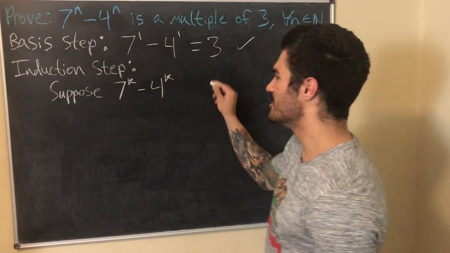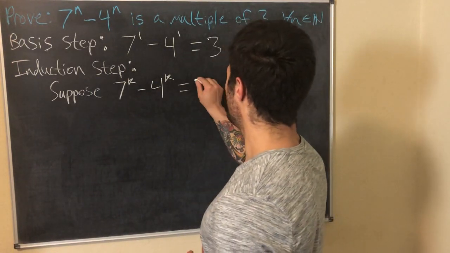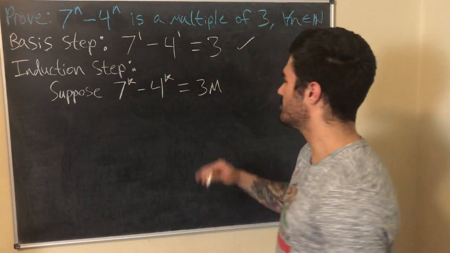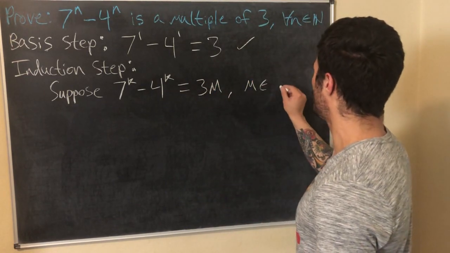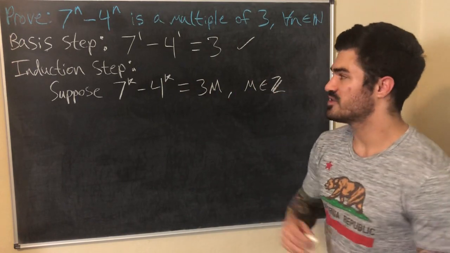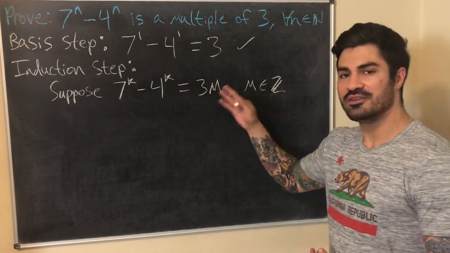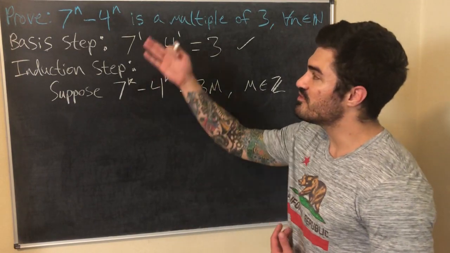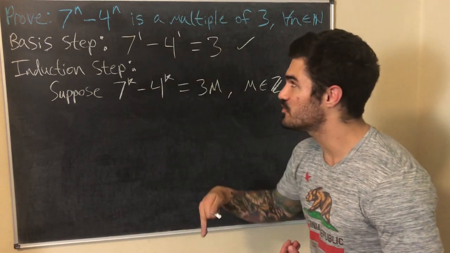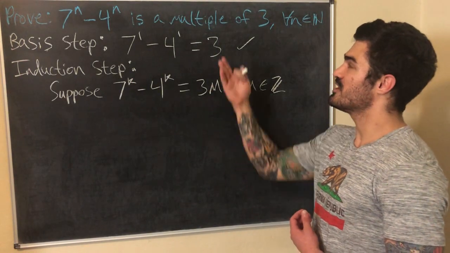Hopefully you remember this. Well, that means it's equal to 3 times some integer. So I'm going to use the letter m, where m is just some integer. That's what it means to be a multiple of 3, is that you can be expressed by 3 times some integer. So we're assuming this, and we want to show that 7 to the k plus 1 minus 4 to the k plus 1 is a multiple of 3.